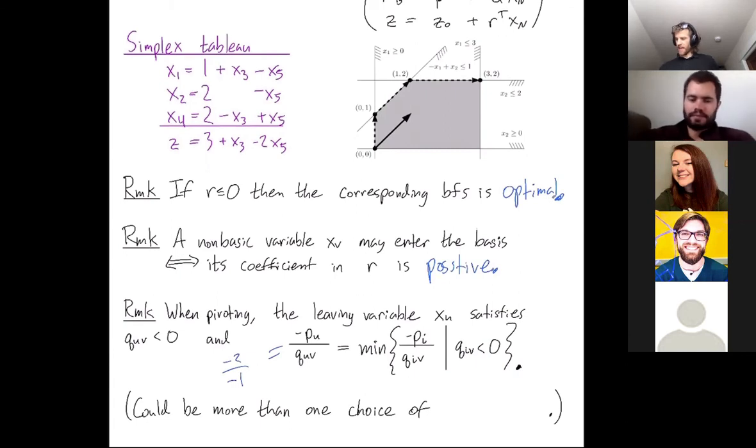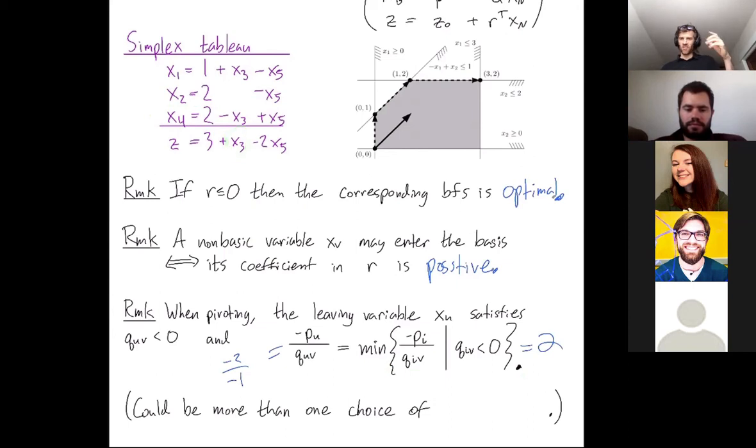In this example, there's a unique minimum, right? x4 is the only leaving variable that minimizes this set with value 2 in this case. In general, though, you could have multiple different possible leaving variables, right? We choose x3 to enter.